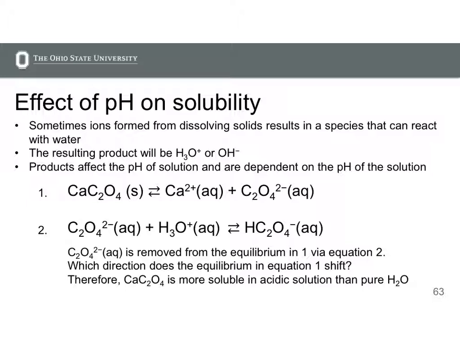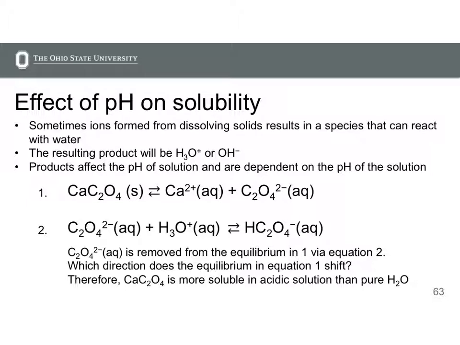Let's now take a look at how other factors affect the solubility of various salts. Sometimes we form ions with dissolving solids that then can react with water and form H3O plus or OH minus.